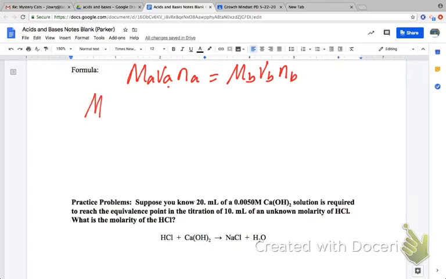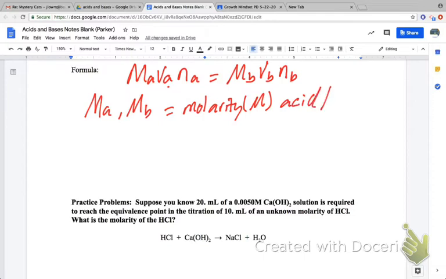So Ma and Mb is going to be the molarity, big M, of acid or base. Remember, your acid is going to start with a hydrogen. Your base is going to have a hydroxide.